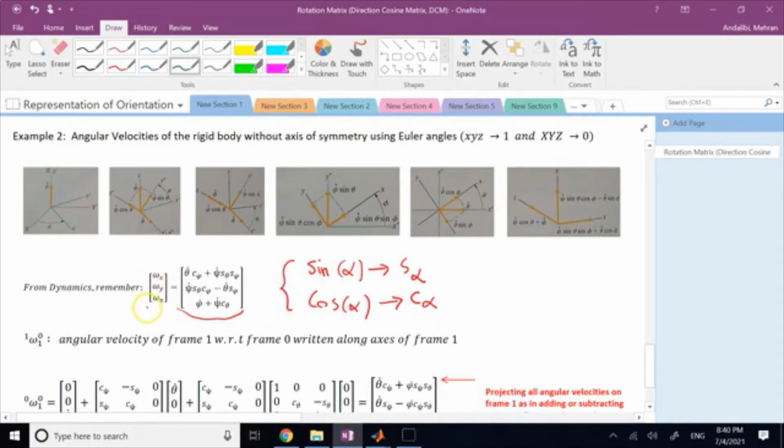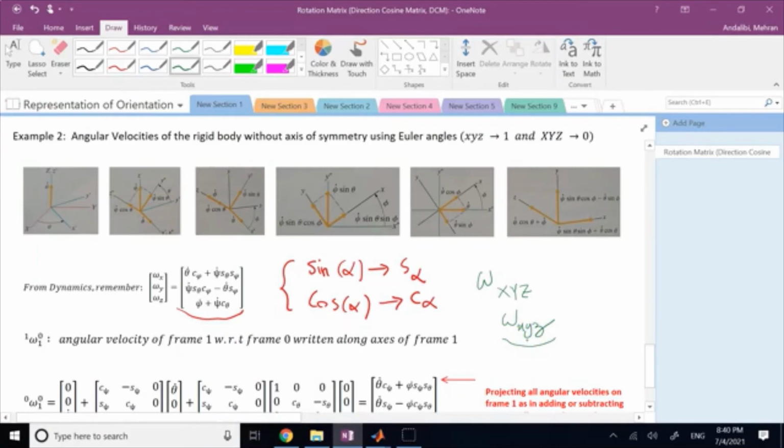The inertial frame, right? Omega has to be with respect to the inertial frame. But when I try to decompose it, when I try to write this omega, I'm not going to write it with respect to capital XYZ. I'm not going to write it about the axes of the original frame. I'm going to write it about the axes of what? The body attached frame.